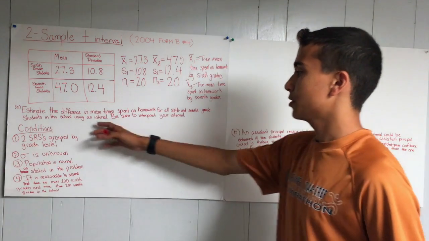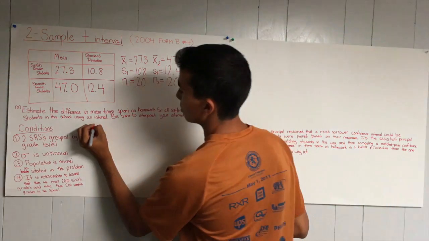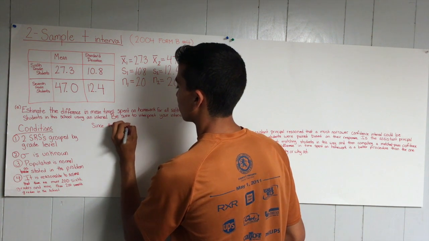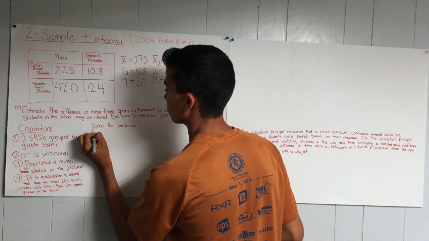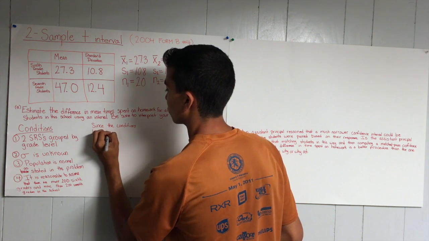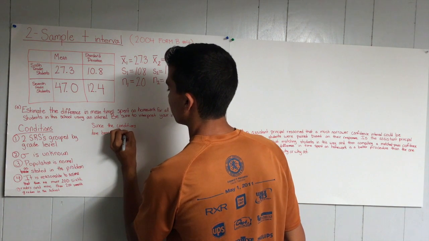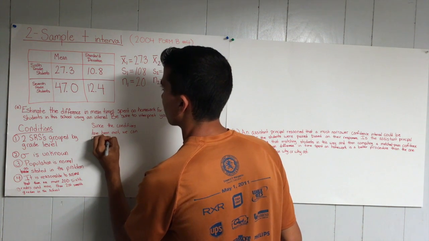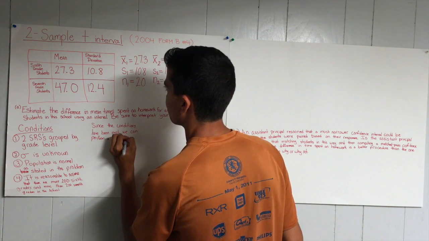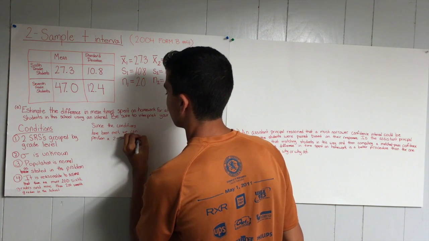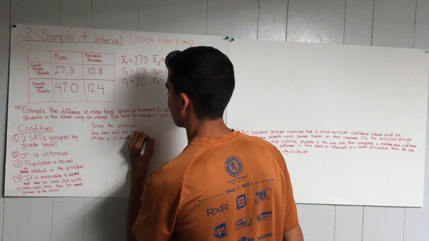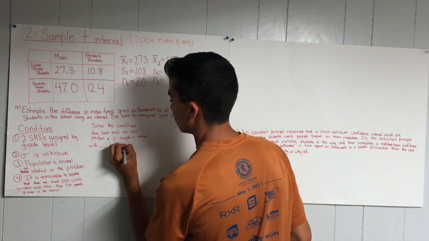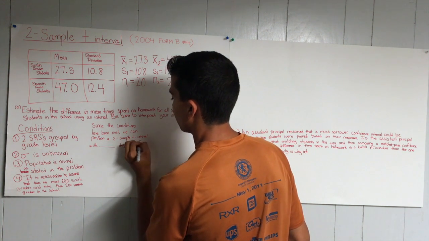Alright, once you've met all the conditions, you can say, since the conditions have been met, we can perform a 2-sample t interval with blank degrees of freedom.